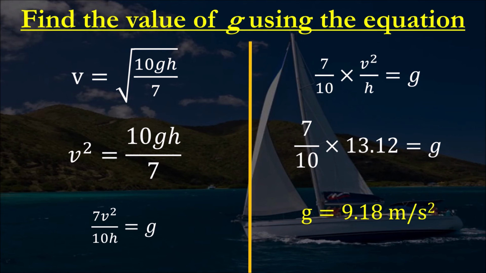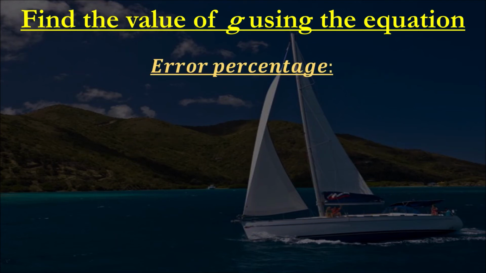Okay, so it looks pretty close to 9.8. There's another little test we can do to see how accurate we are though, and that's called the error percentage. The error percentage is just designed to have a look at how close I am to the actual answer.